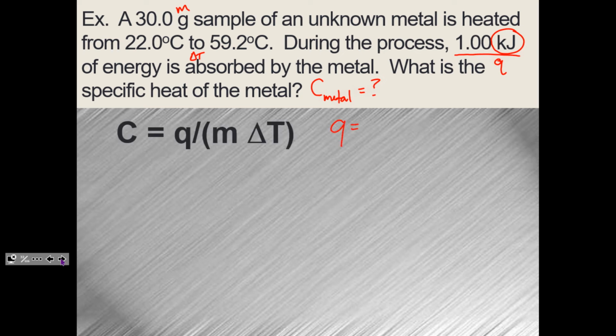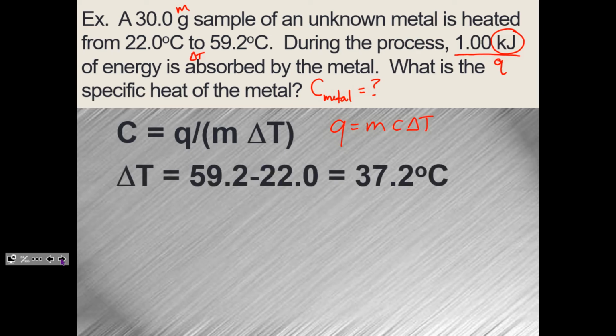So the equation is Q equals mcΔT. They've rearranged it here to solve for the letter C. The delta T, we're going to do the temperature final minus the temperature initial. And again, that's going to be a positive value for the temperature. We're increasing in heat, which will give us a positive energy.